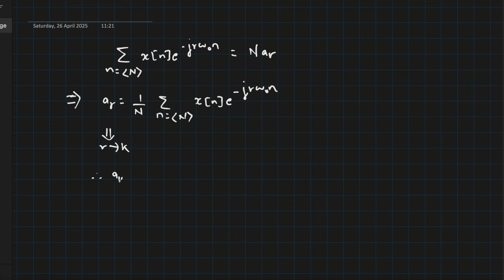Therefore a k equals 1 by N times the summation of x of n e to the minus j k omega naught n.